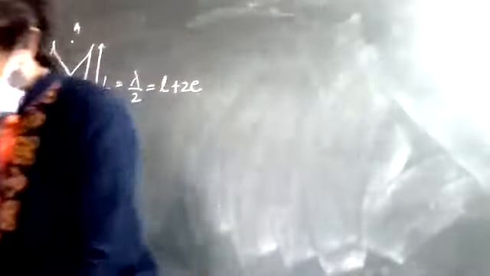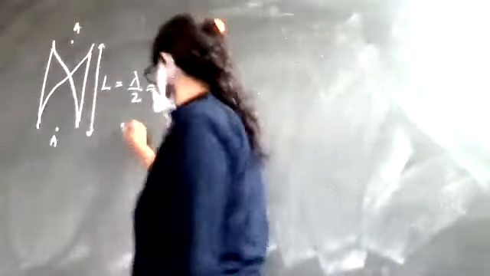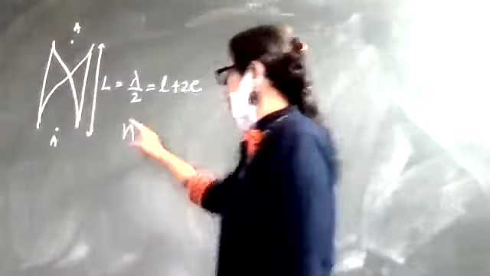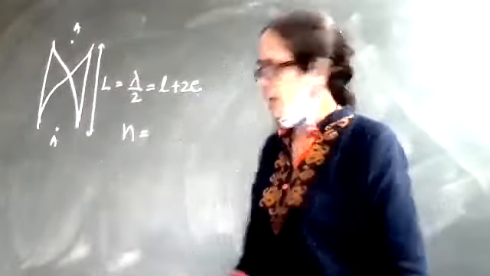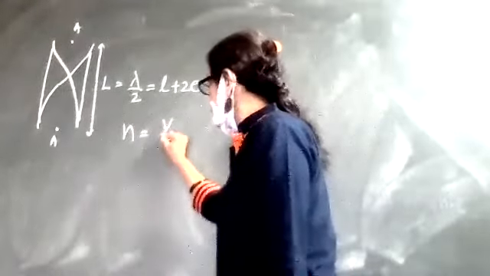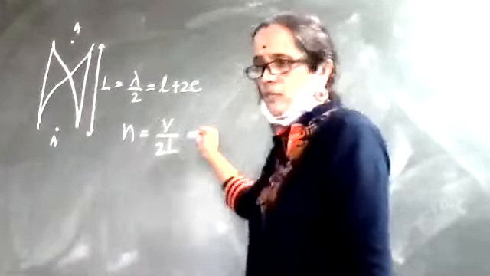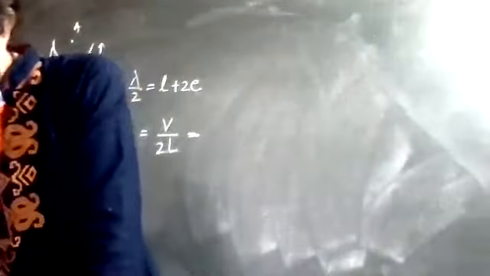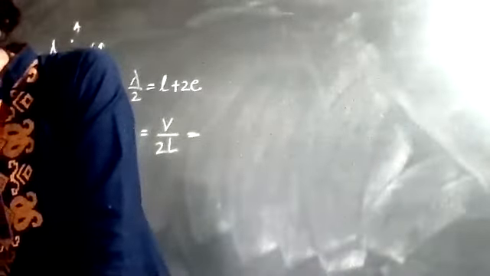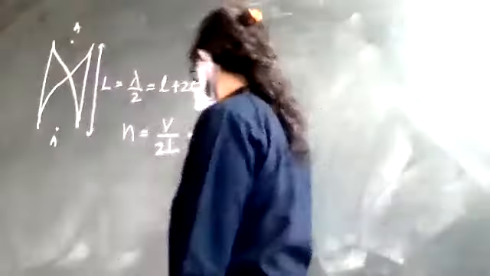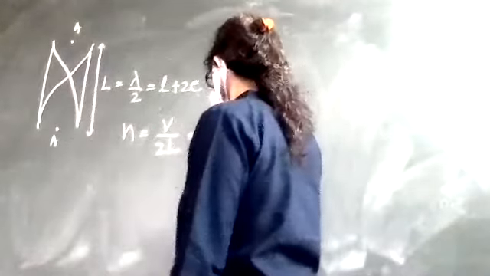You are given the fundamental frequency, which, when the pipe is open at both the ends, is V upon 2L. That fundamental frequency is 300 Hz. That is it. Clear?